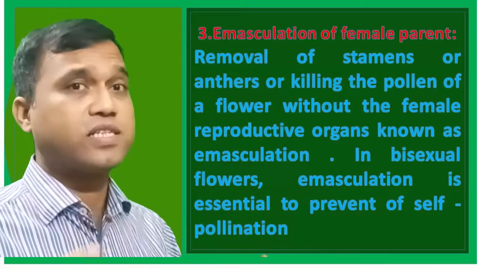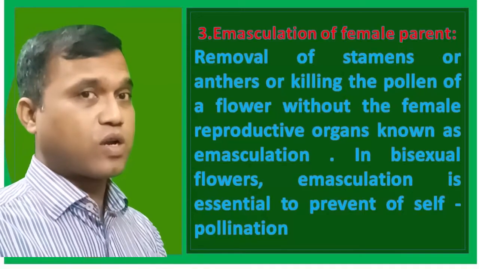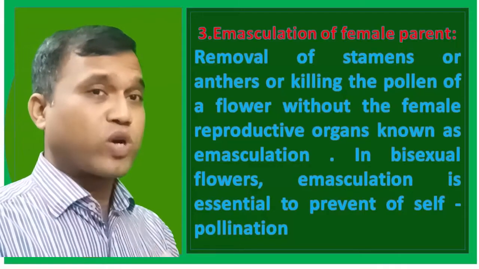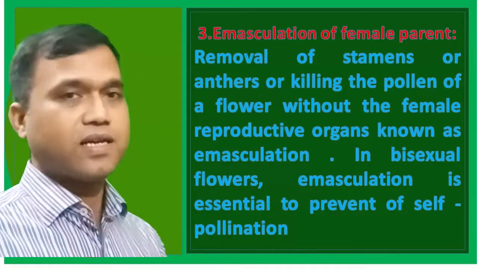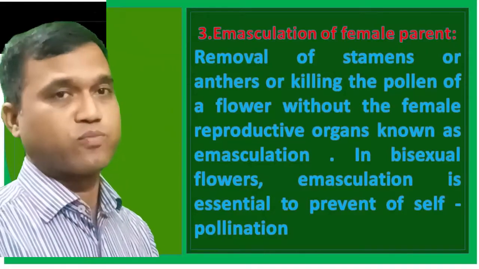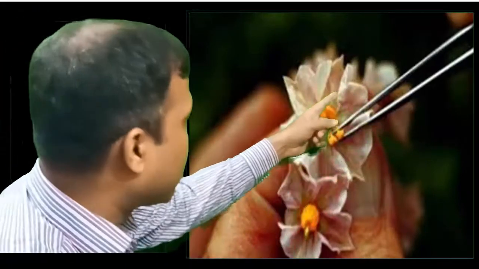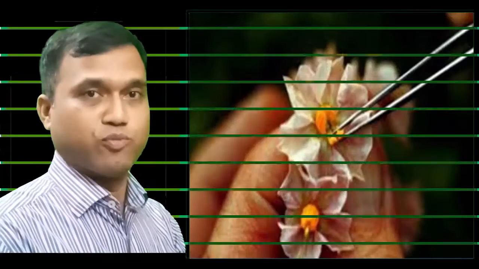So the main reason for emasculation is to protect against the self pollinating process. This is a picture of the emasculation process. This flower is a bisexual flower. From this flower, the male sexual organ is removed.